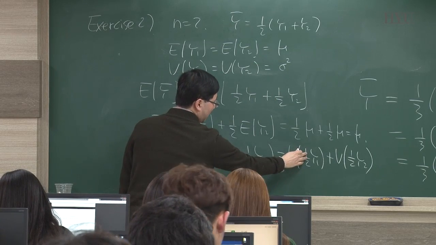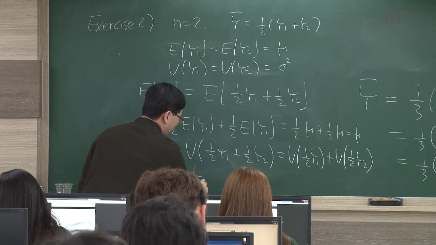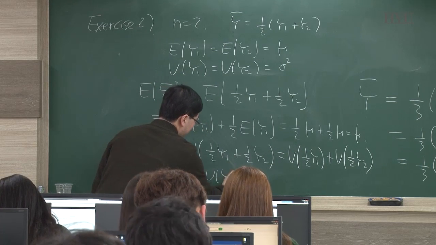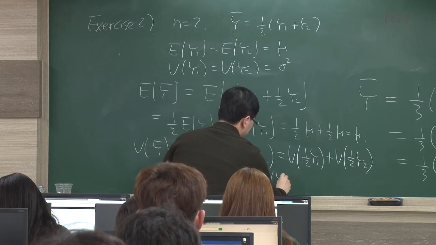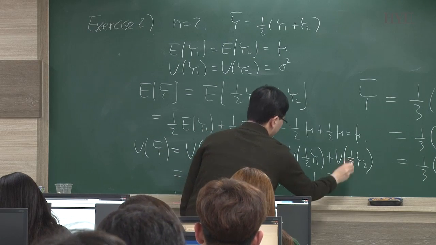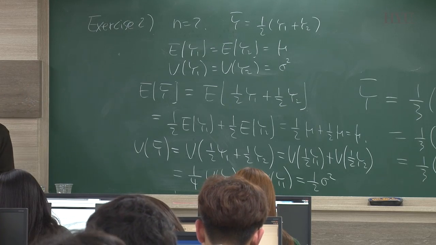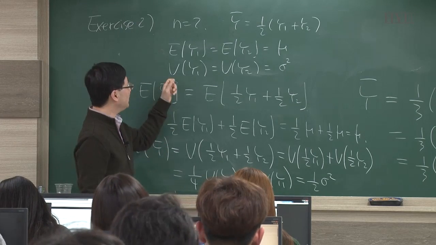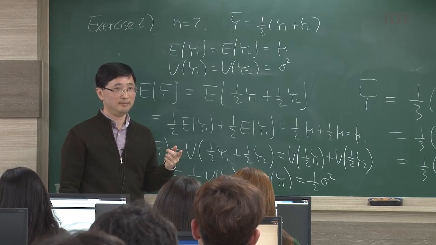Now we have to take 1/2 outside, and you're going to have a quarter, right? So did you get this? 1/2 of sigma squared. Now what is the sigma squared? That's the variance of one draw, right?